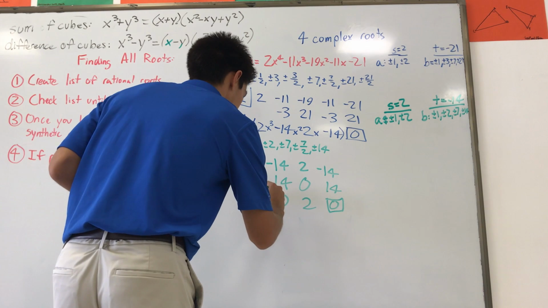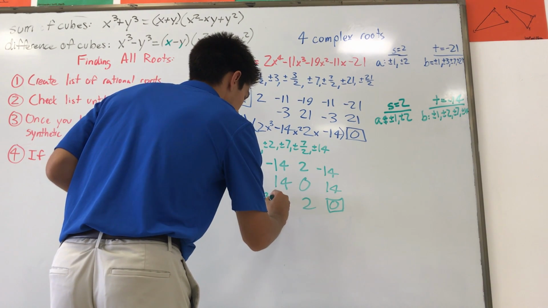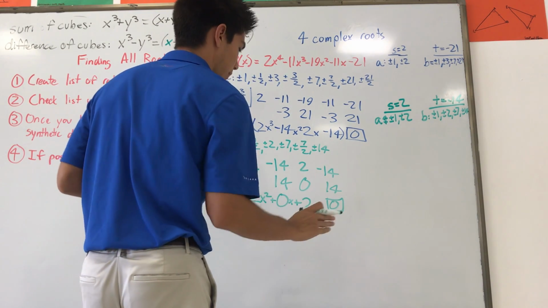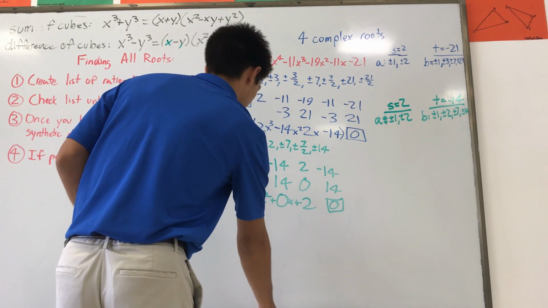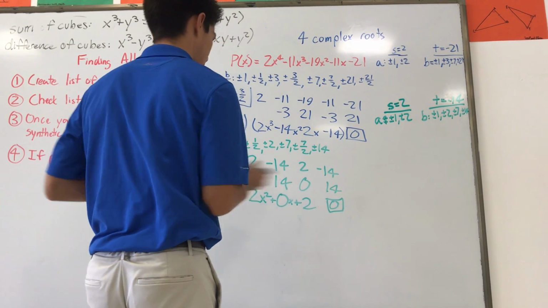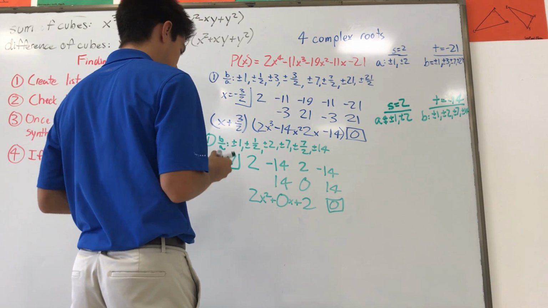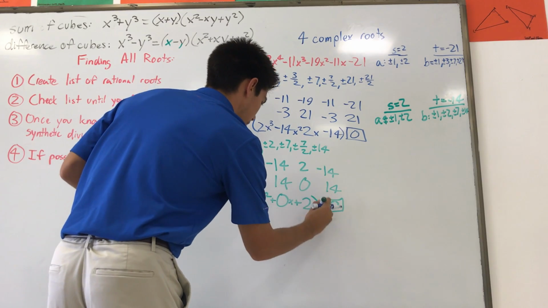And now this becomes 2x squared plus 0x plus 2. So really it's just 2x squared plus 2. This is what we have left to factor.